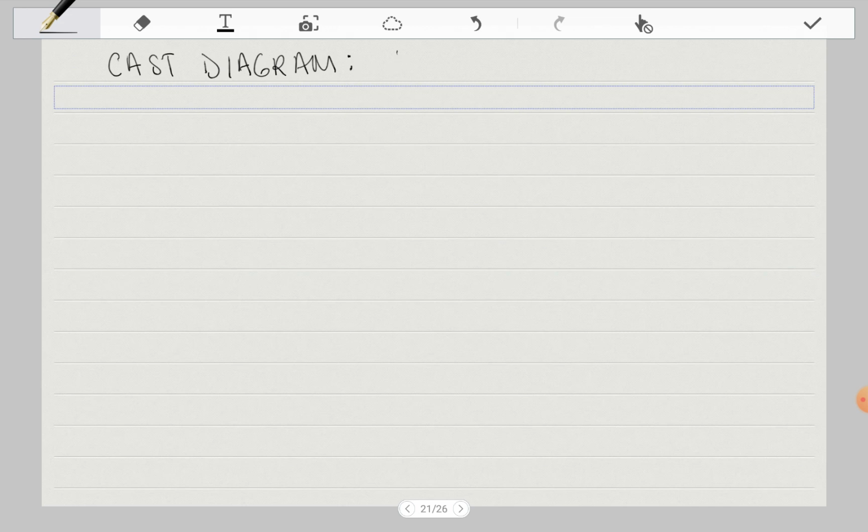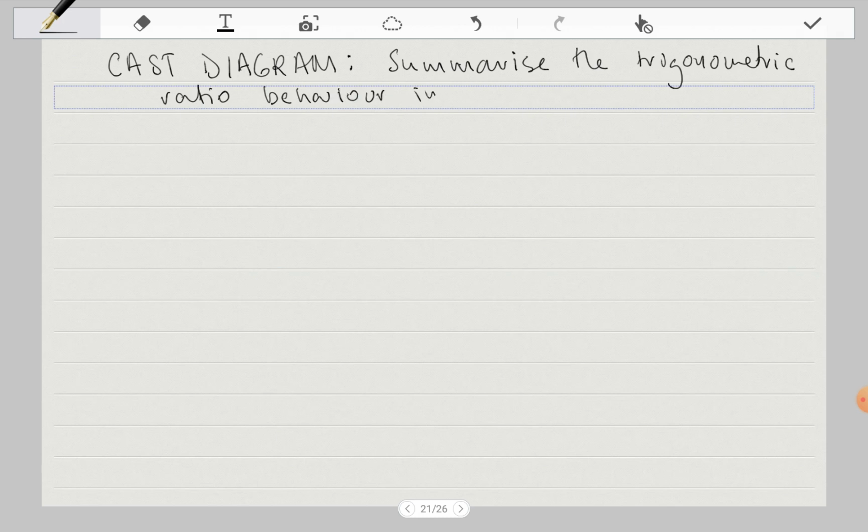The CAST diagram aims to summarize the trigonometric ratios' behavior in all 4 quadrants. So we've got one diagram that summarizes what we've just done in the previous slides in the video, in the lesson.